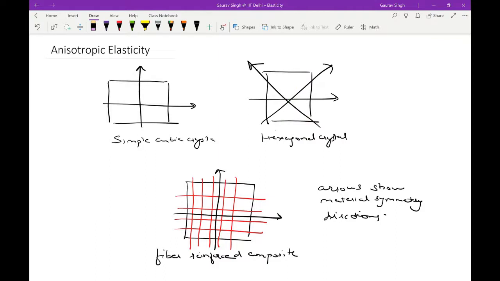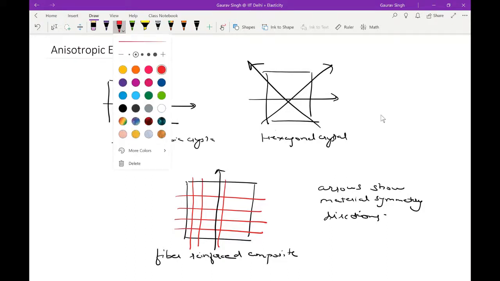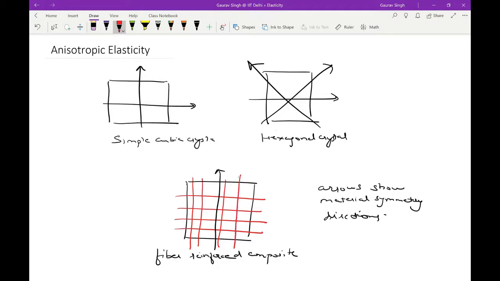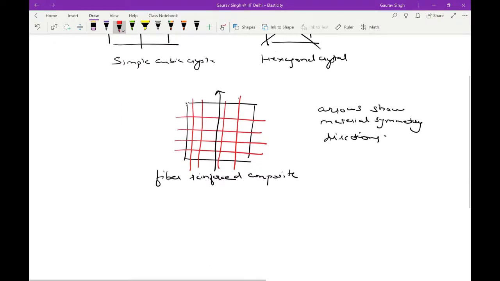Similarly, in these fiber reinforced composites, if the fibers were lying along, say, something like this, then these black lines will not have the same response. Okay, then the symmetry may lie in some other direction. So it depends on how exactly the fibers are aligned. Okay, so we will take advantage of this fact.